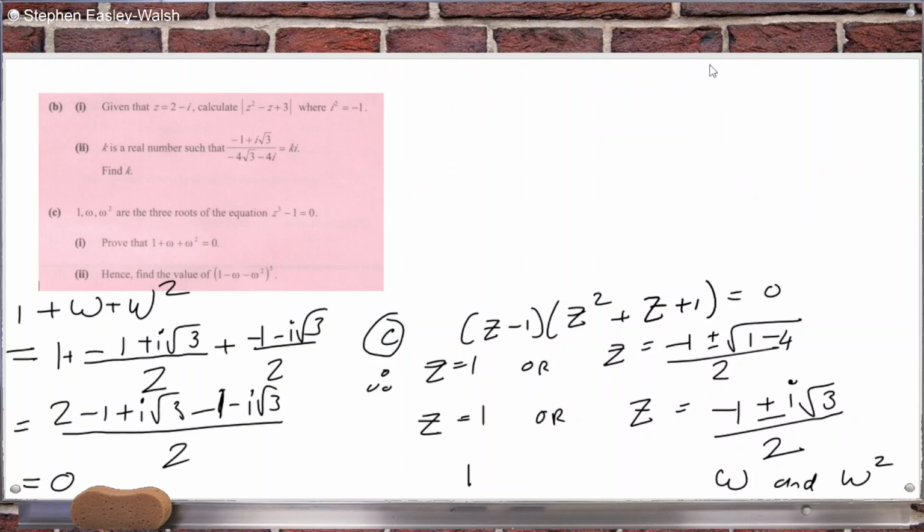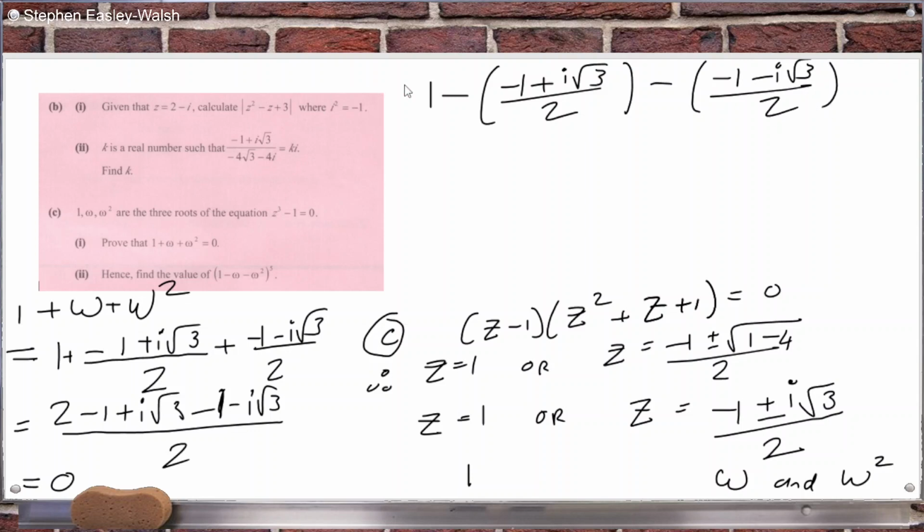Okay, let's have a look here. 1 minus omega, which is minus 1 plus i root 3 over 2, minus omega squared, which is minus 1 minus i root 3 over 2, power 5. What will that equal?